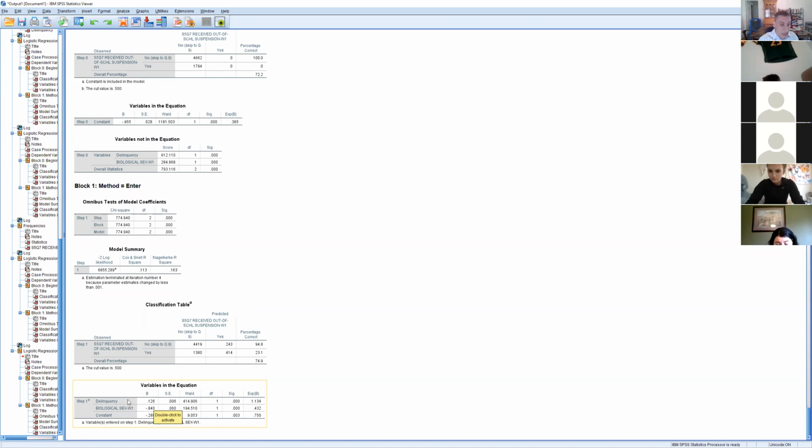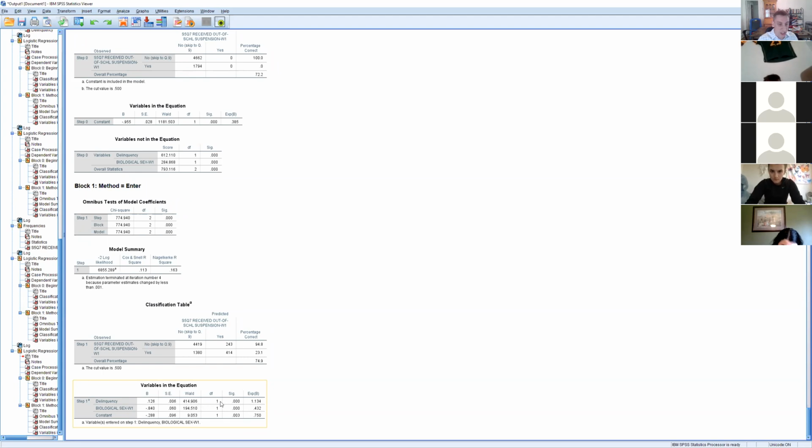For every unit increase in delinquency, so every point higher, this is the effect on the log odds of suspension. The beta is positive, and so we know that the more delinquent the kid is, the higher the odds of him or her being suspended from school, which makes total sense.